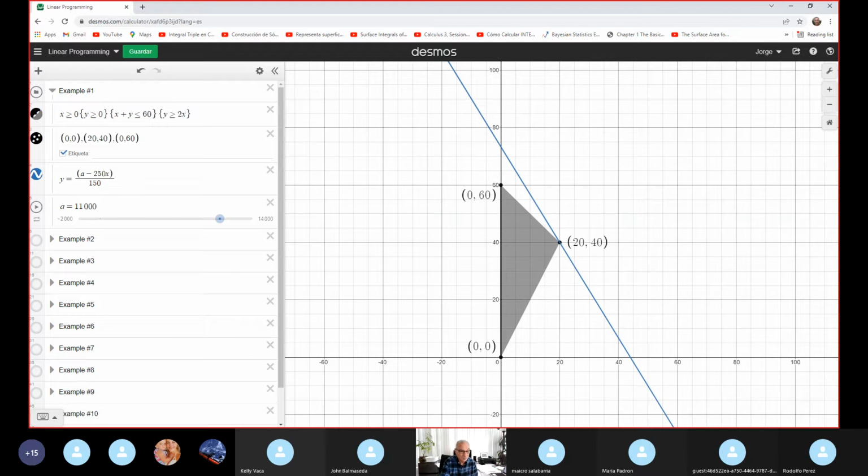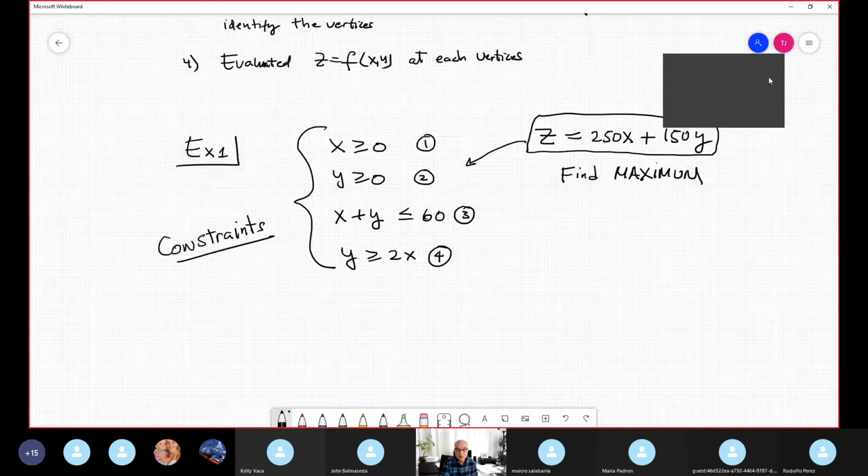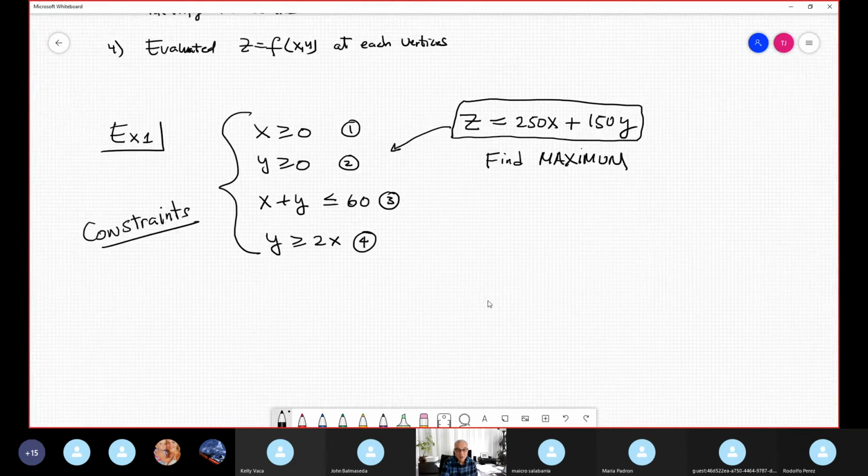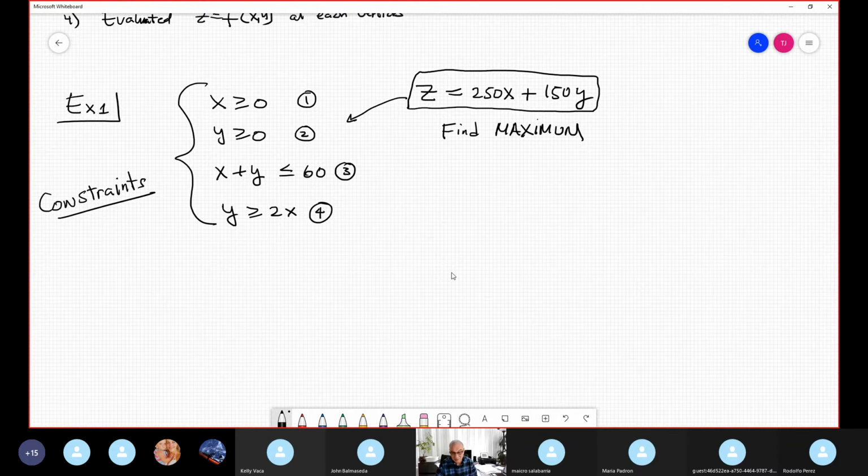So when you determine, do you see the whiteboard? The most complicated part is the solution of this inequality, no?